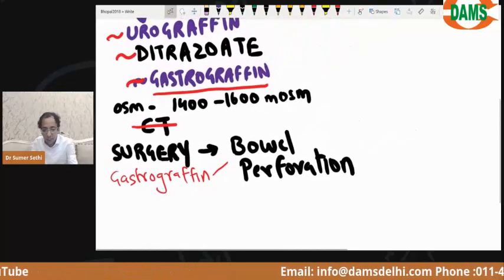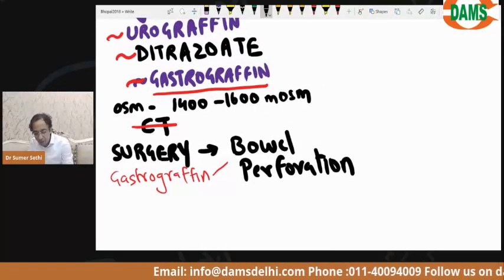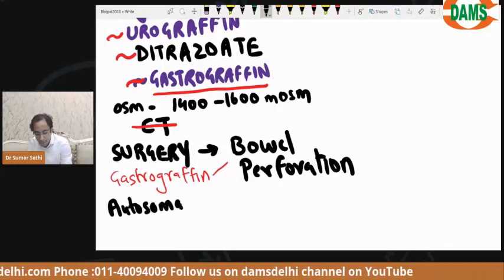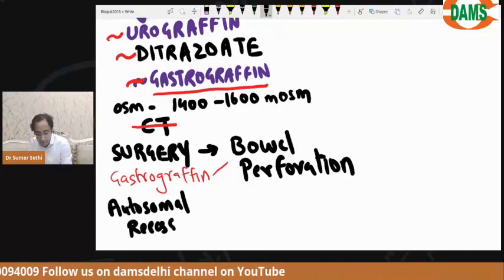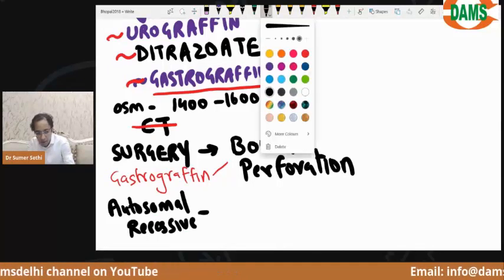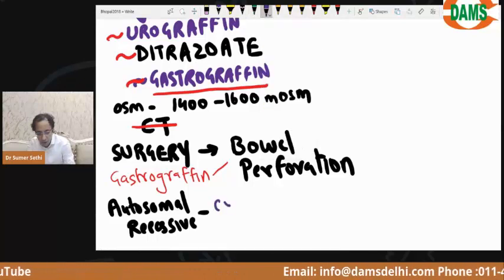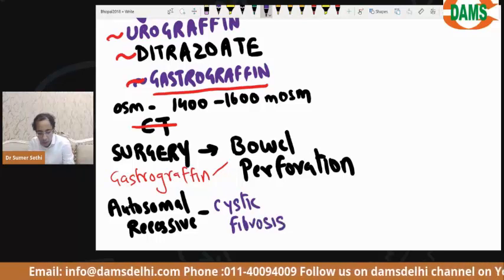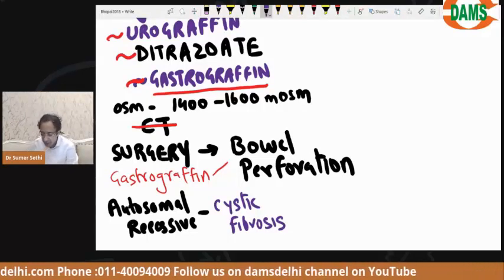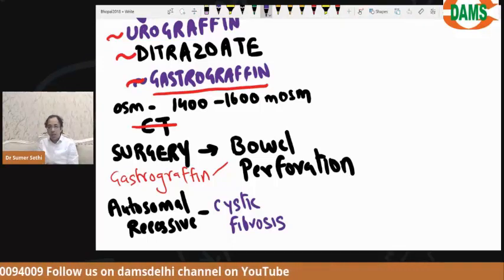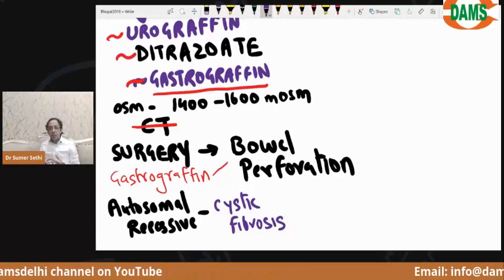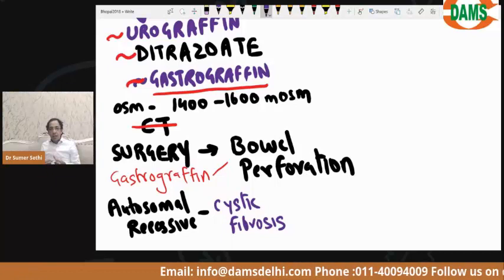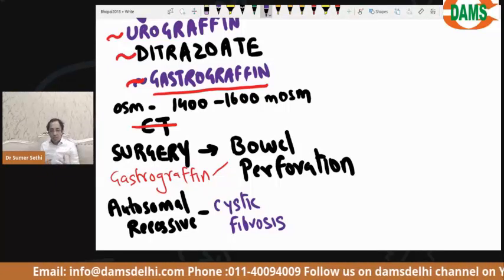And the second place is, I don't know if you remember or not, there is an autosomal recessive disorder called cystic fibrosis. Have you heard of this before? If an infant has cystic fibrosis, the meconium will be thick because in cystic fibrosis the mucus becomes thick.